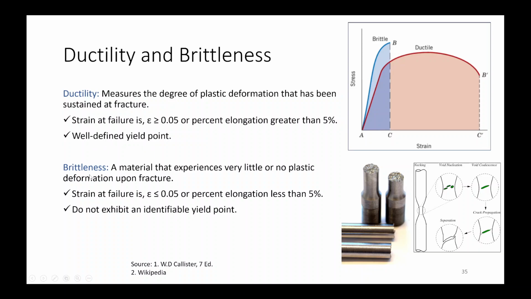And in case of a brittle material and the property brittleness, it is a material that experiences very little or no plastic deformation upon fracture. The strain at failure is less than 5% and it does not exhibit an identifiable yield point. In this case, this one is your brittle fracture and this is your ductile fracture, where a lot of elongation is occurring and necking will also take place.